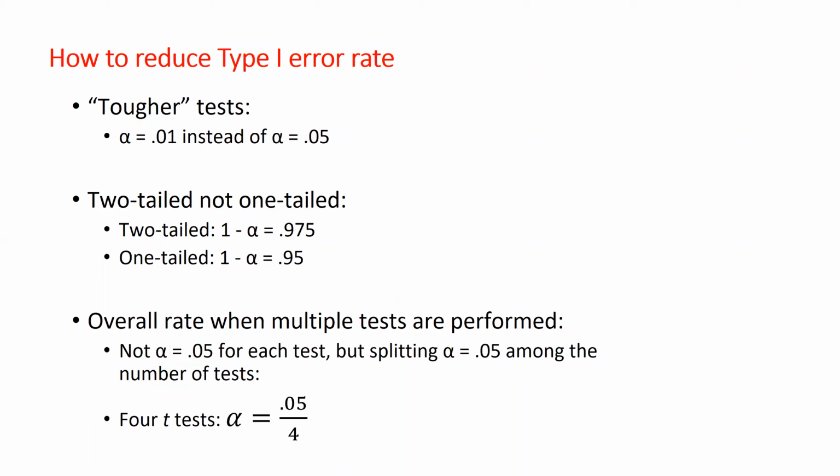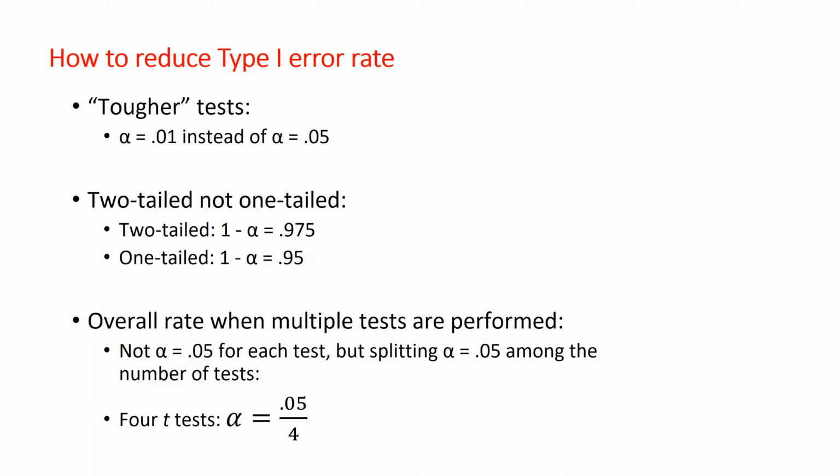So similarly, the other conditions that you can use to reduce your type 1 error rate are to run two-tailed tests instead of one-tailed tests, because 1 minus your type 1 error rate is higher.